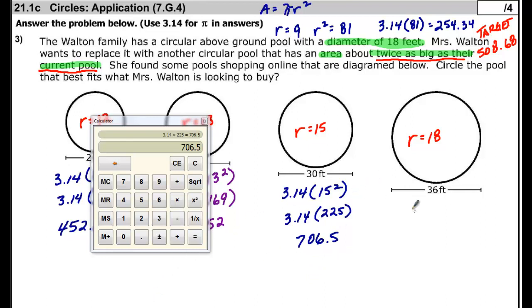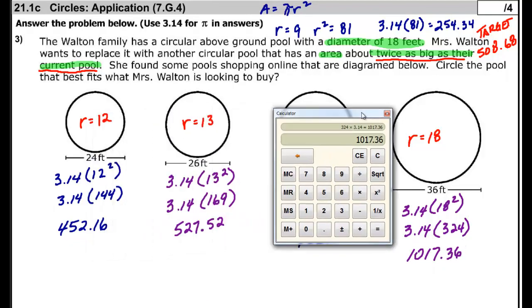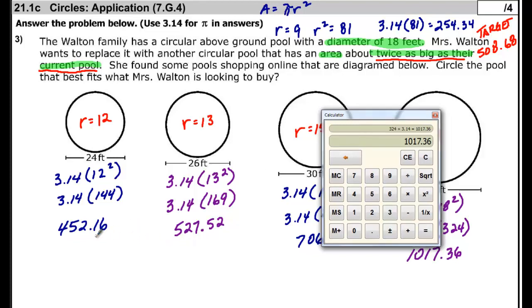And then finally, 3.14 times 18 squared. This is one I haven't memorized. 18 squared, 324. And that times 3.14 is 1017.36. So that's much larger. So we know that it's down to these two.